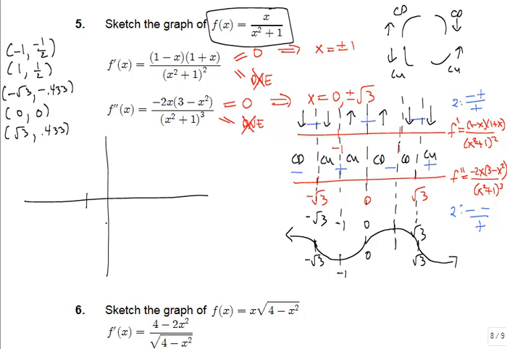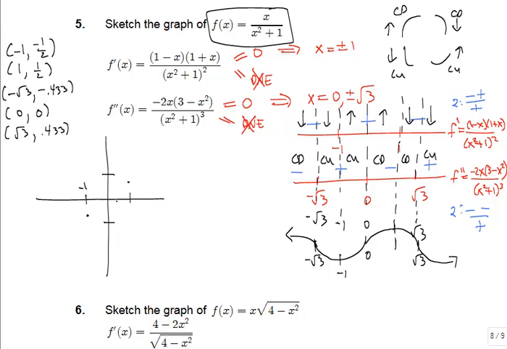So -1, -1/2, +1, +1/2, -√3, -0.433. So that's just a little bit higher than the one we had before. I'm exaggerating it a little bit there. Let me lower it just a tad. Whoops, erased a little bit too much there.